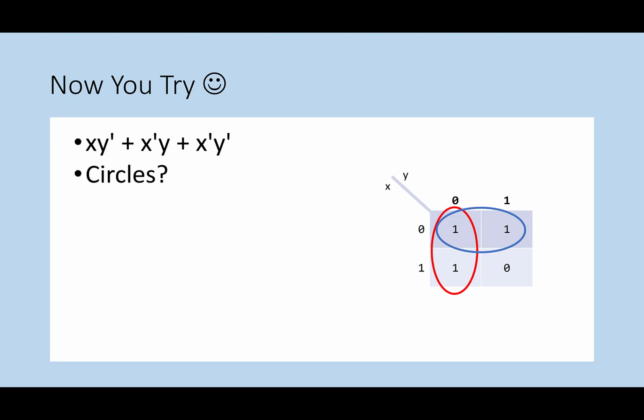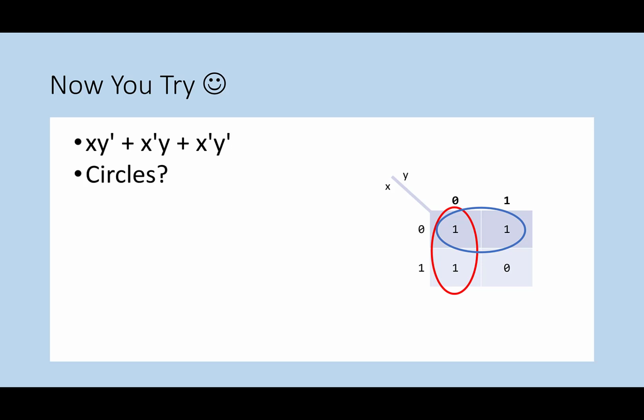So if we look at just the red portion of it, we see that whenever y is 0, x doesn't matter. When y is 0, no matter x's value, we will always get a 1. Okay, so the red is going to end up being just y bar, right? Look at the blue.